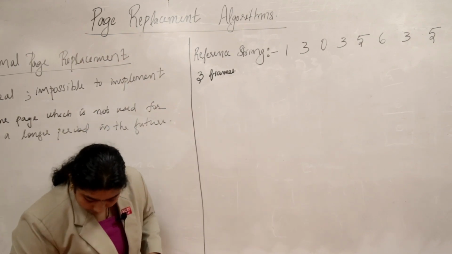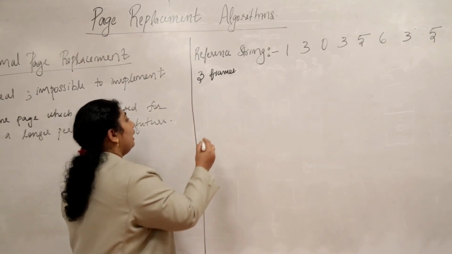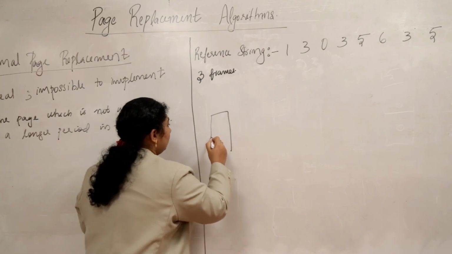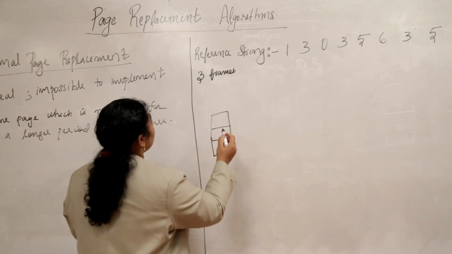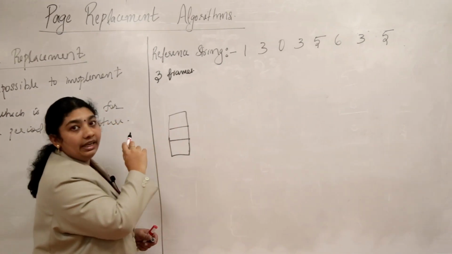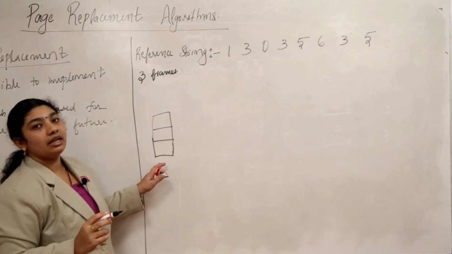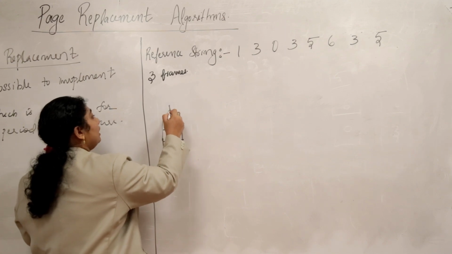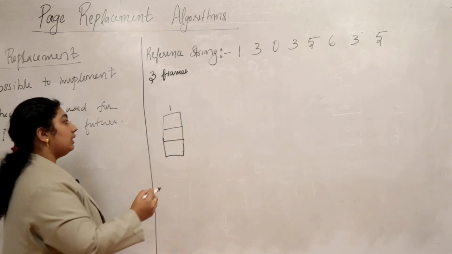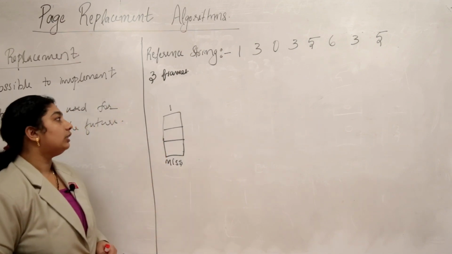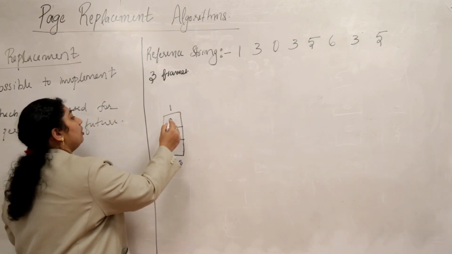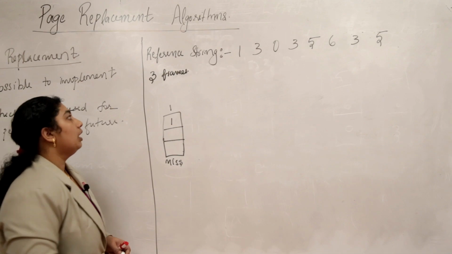So we have the same reference string. Initially the first few steps will be same for all the algorithms. So first, initially all the 3 frames in the physical memory are free. First requested page is 1, which is not present in the physical memory, so it is a page miss or page fault. So we load the page number 1 to the physical memory.